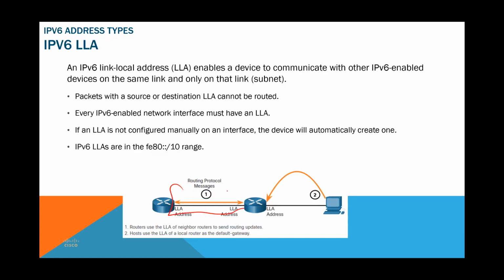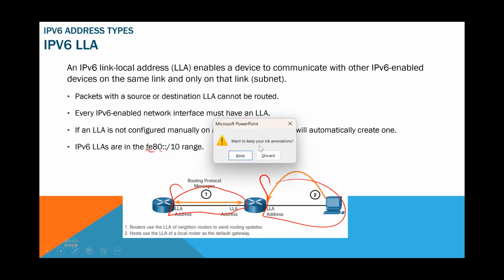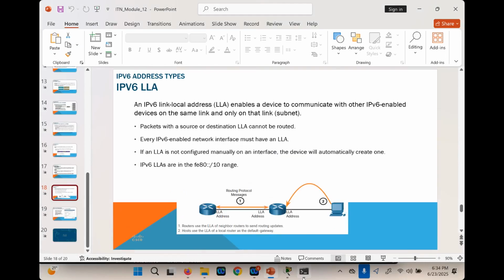The router can use this to talk between themselves. The router can use this to talk to the computer. It's locally significant. And this is another area where IPv6 is completely different. How do you know a link local address? Whenever you see FE80. Let's check my computer. My computer has an IPv6 address.